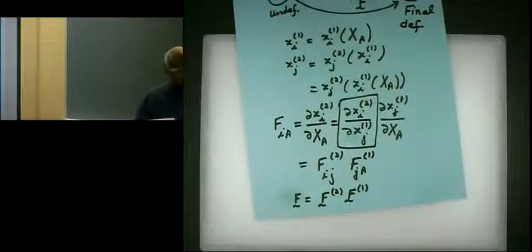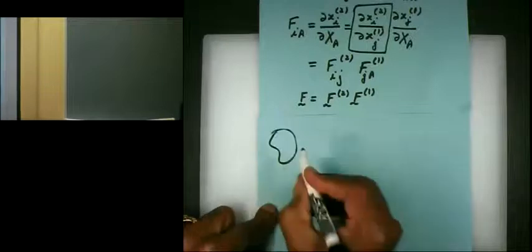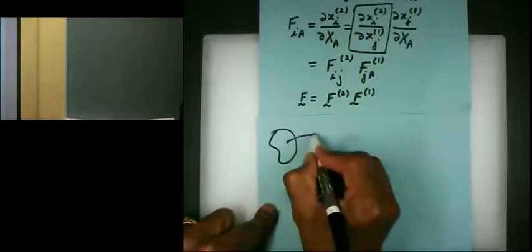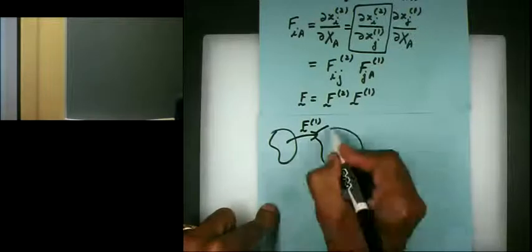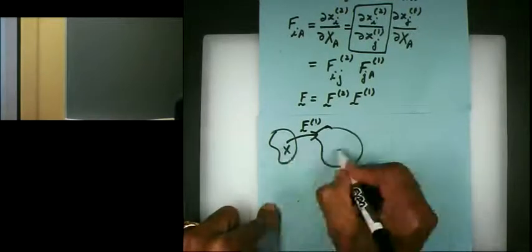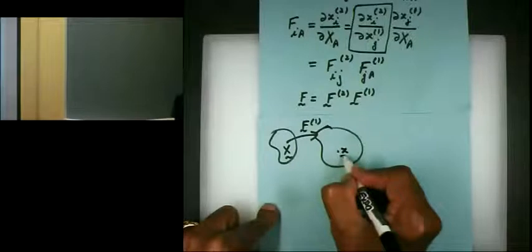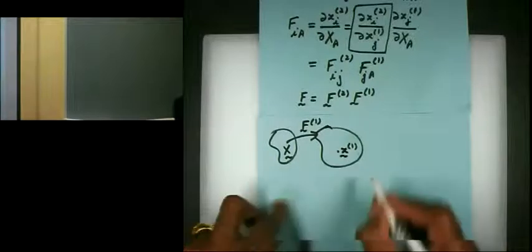Now supposing, let's go a little further and say this is my undeformed state. We apply F1, say torsion. Now we get the intermediate state. Now we apply pressure.